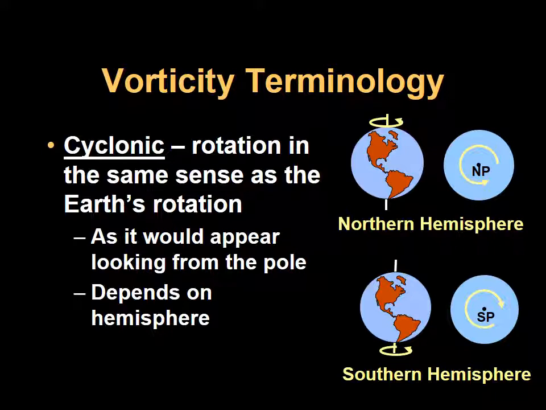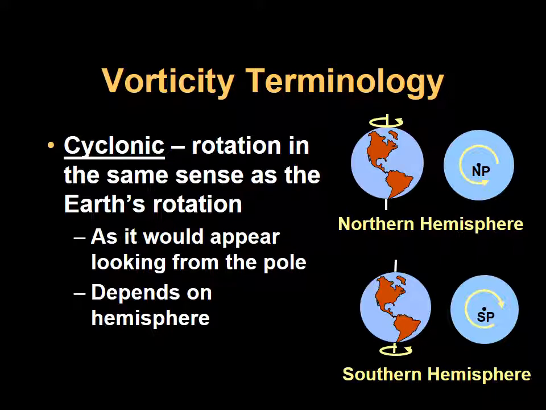So cyclonic by definition means that the air is rotating in the same direction as the Earth's rotation. You remember we had a demonstration in class where we rotated the Earth, and in the northern hemisphere, looking down on the North Pole, you see that the Earth is rotating counterclockwise.